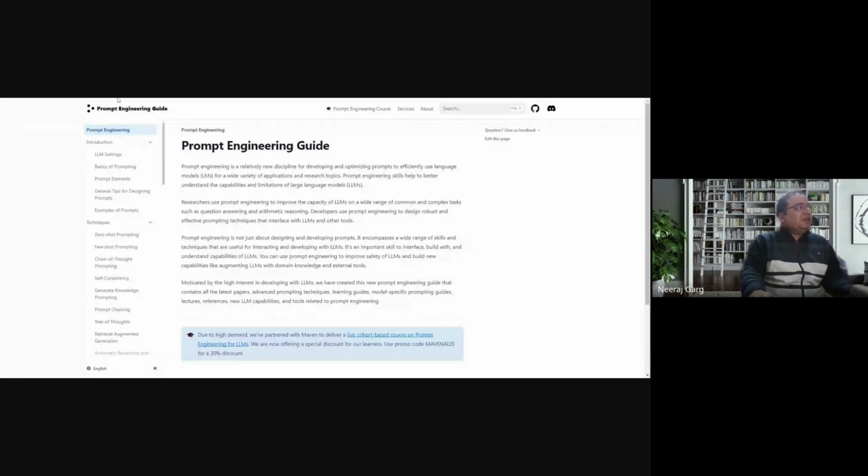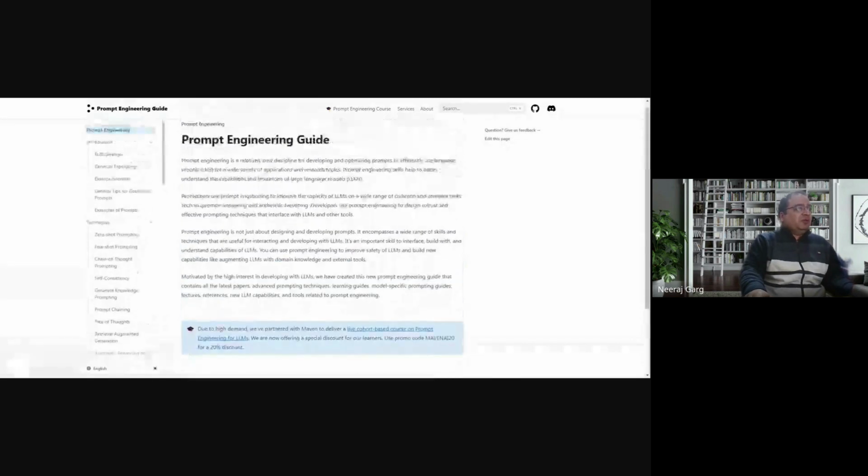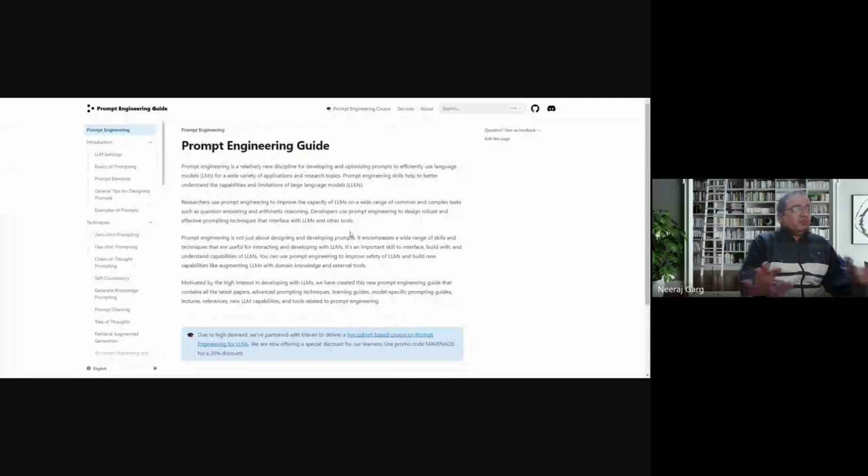So this is a very important link. You can bookmark it. And this is all about prompt engineering, what prompt engineering is and all. But if I talk about a very high level understanding, you are aware that a prompt is the text which is given to the foundation model to get our answer. That is a simple definition.